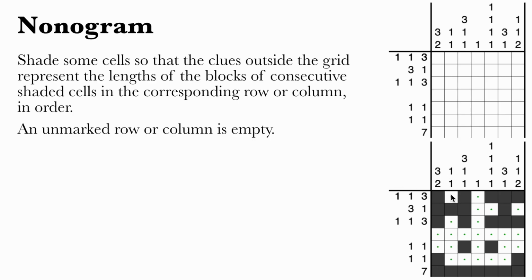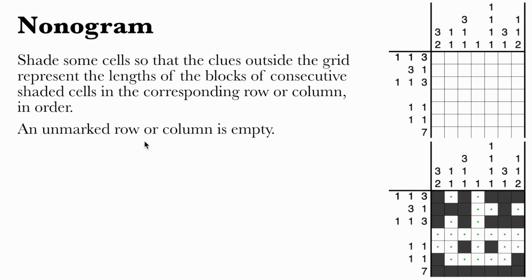Note that there could be a gap before the first of the blocks, this 1, and that gaps can be any size. So this is a gap of length 4, and that's fine, because after that we have a block of length 1. And the same thing is happening horizontally with a 1-1-3 here, a 3-1 there, and so on.